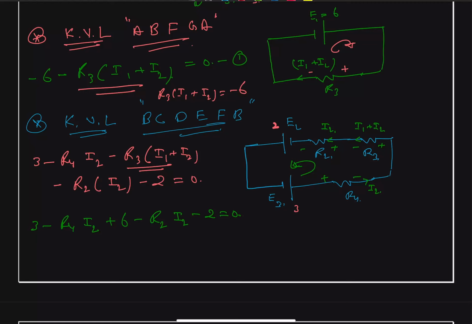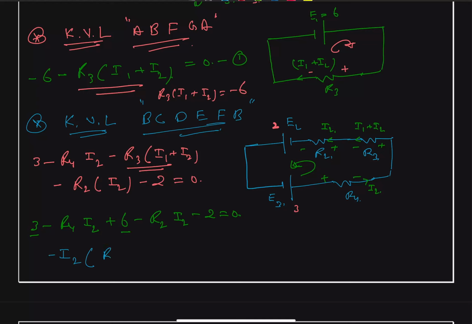And I2 is common, so this comes as 6, and 6 plus 3 is 9, 9 minus 2. So we get this as, minus I2 is common.